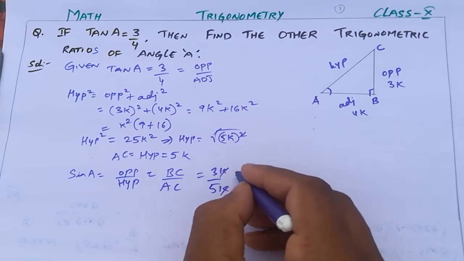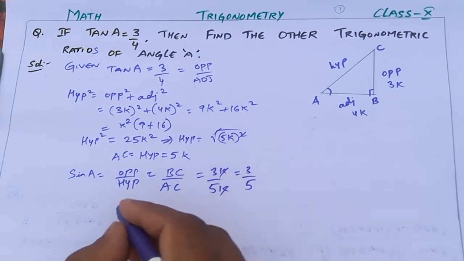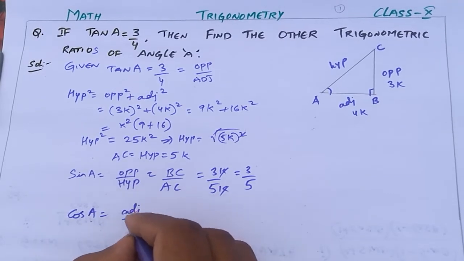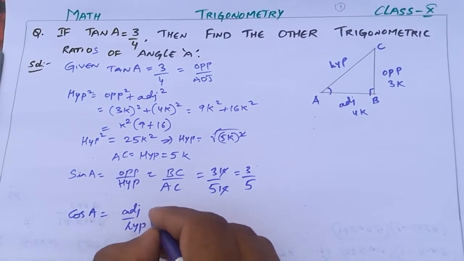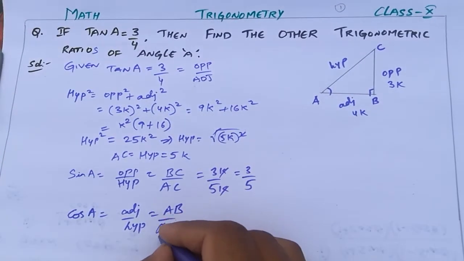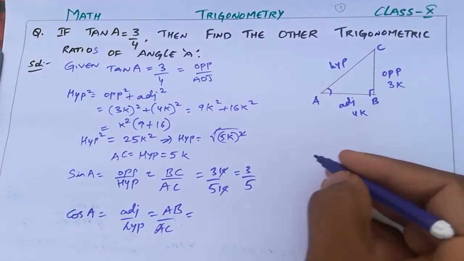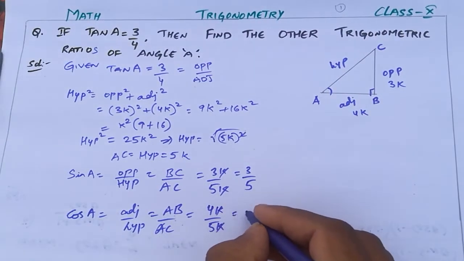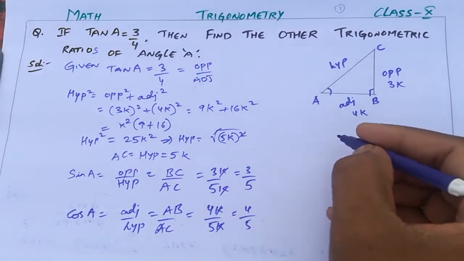Cancel k to get 3 by 5. Cos A is adjacent by hypotenuse. Adjacent value is AB, hypotenuse is AC. AB value is 4k and AC value is 5k. The k cancels and we get 4 by 5 for cos A.